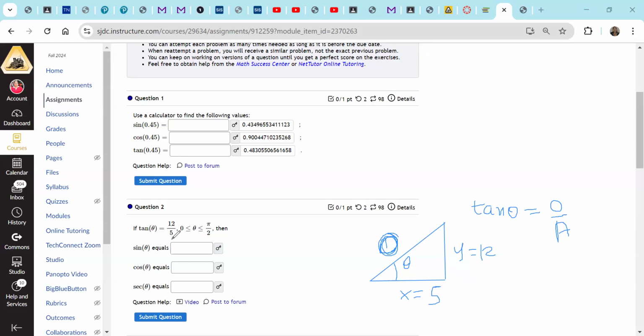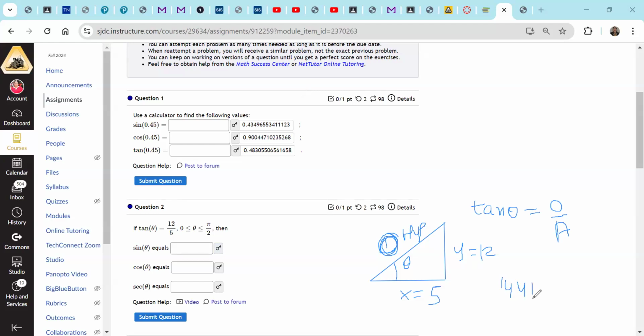Opposite and adjacent are known, and we have to figure out the hypotenuse from there. If you remember the Pythagorean theorem, we can apply that to figure out this one. Apply Pythagorean and calculate quickly, and let me know what you find for the hypotenuse. C square is equal to A square plus B square. 12 square is 144 and 5 square is 25.